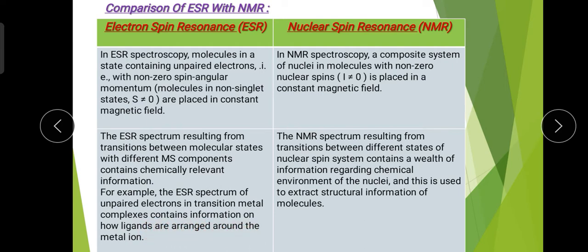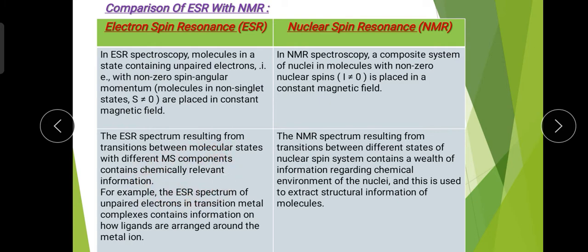If we consider the example of transition metal complexes, this compound contains chemical information, and with the help of the ESR spectrum we can study how ligands are arranged around the metal ion, and this is all due to the presence of unpaired electrons. So this is the ESR spectrum.